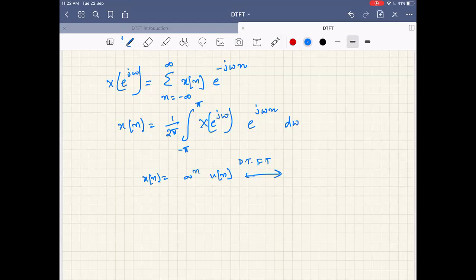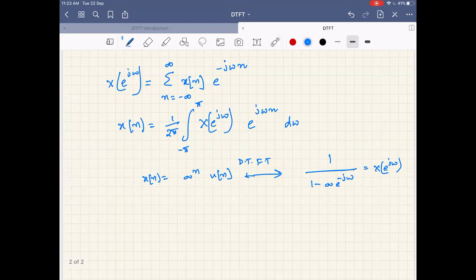U of n controls the limits, whereas a can be absorbed, e power a into e power minus j omega, and then you can write this finally as the X of e power j omega for this signal. Okay, this we have seen in the last class. So as you can see, this spectrum has both magnitude and phase information.